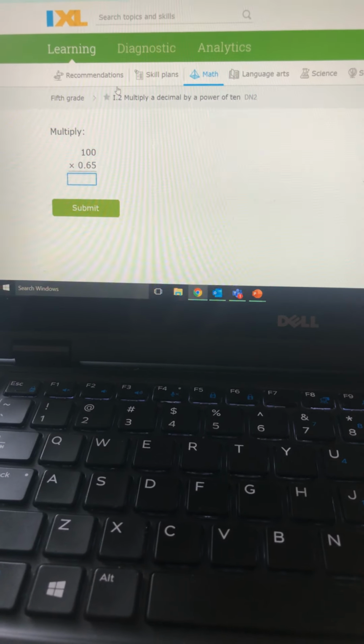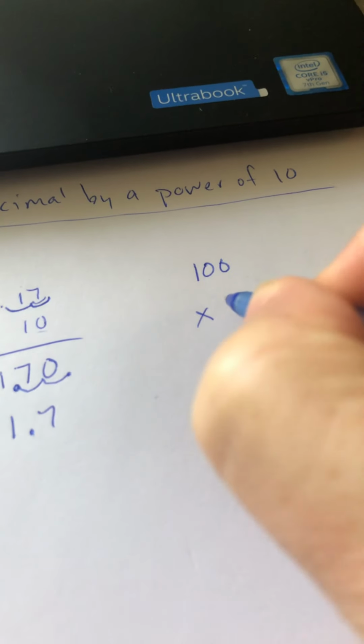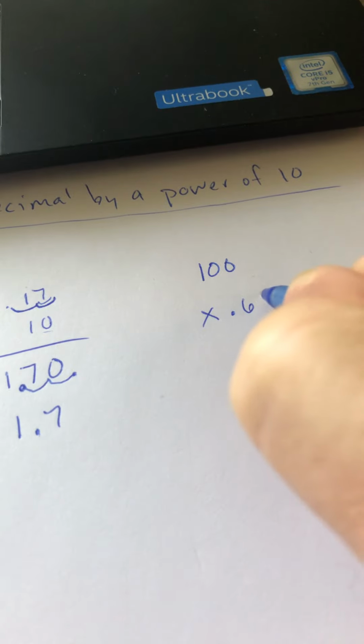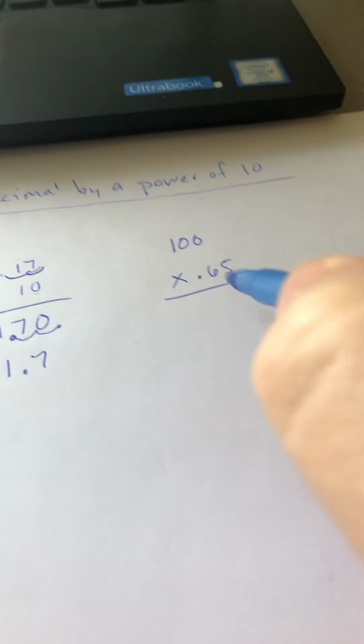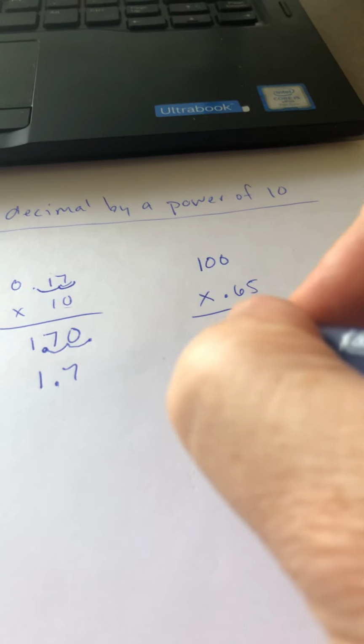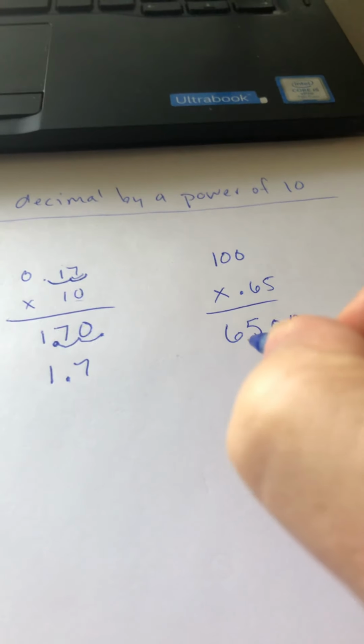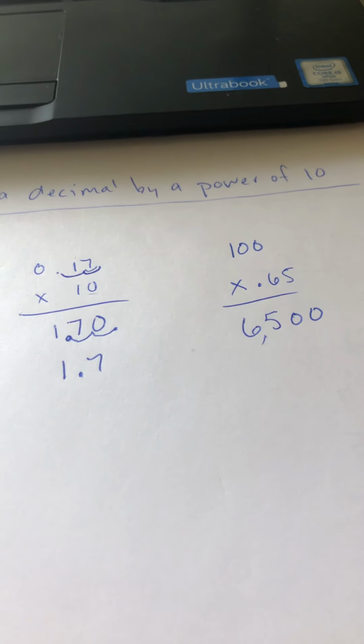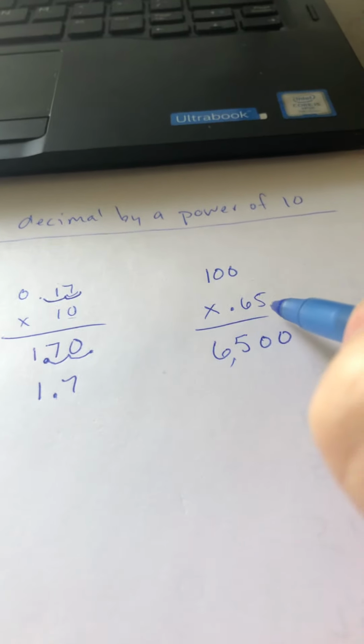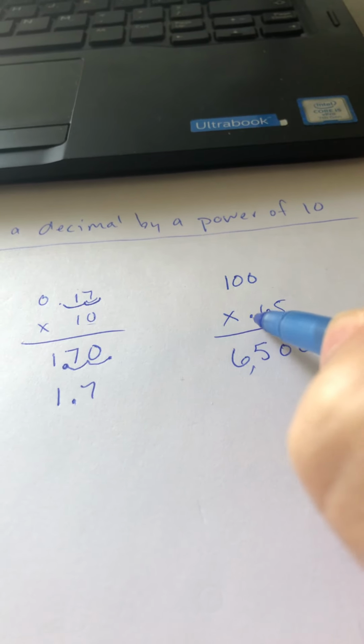So next one, 100 times 0.65. Okay, so I know that 65 times 100 is 6,500, right? And I have a 2 place value decimal here, 1, 2.